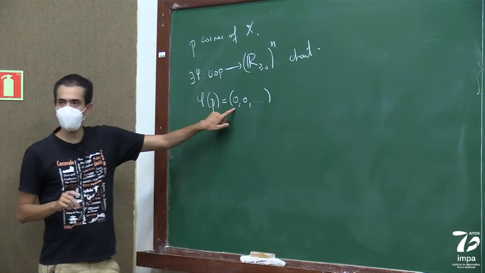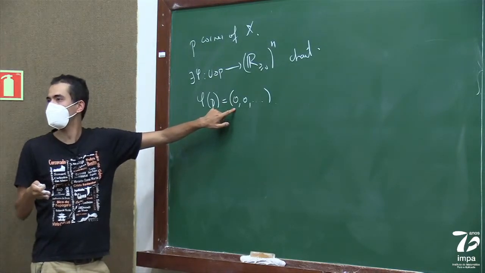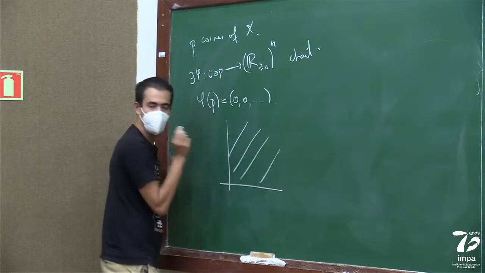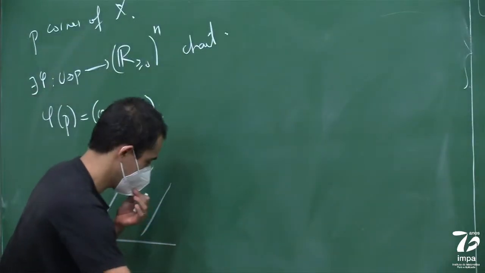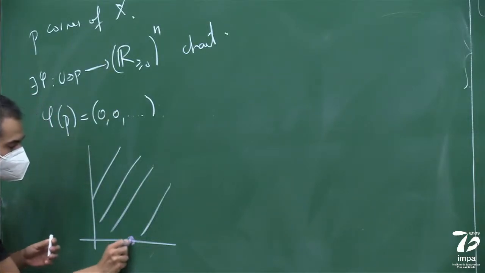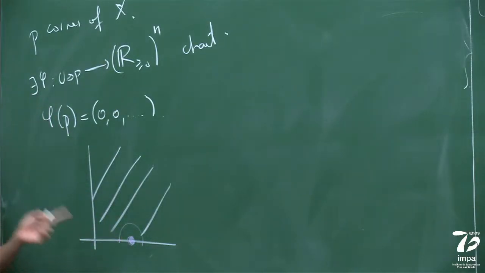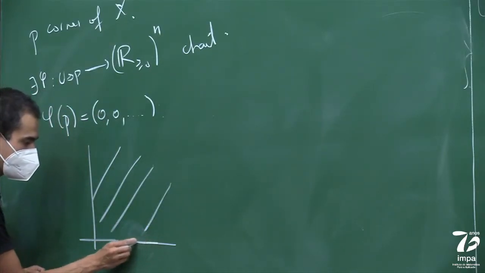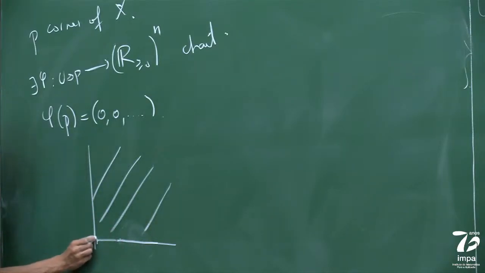If you just have 1, 0, that means you're on a smooth part of the boundary. If you have 1, 0, and then everything else is non-zero, that means that your chart is right here, so this is a smooth part of the boundary. But if you have at least 2 zeros, then you're not on a smooth part, you're on a corner part. So you're, for example, here.